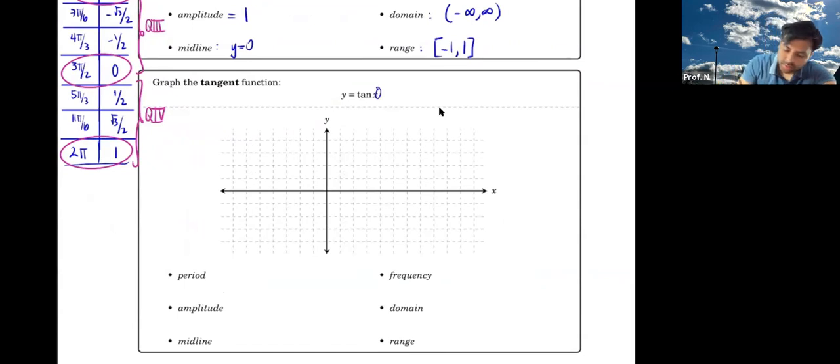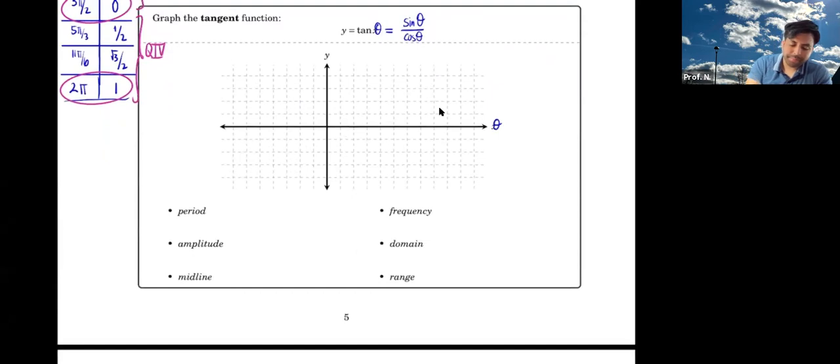So I'm going to call this theta, right? Remember what tangent was also defined as? Isn't it defined as sine theta over cosine theta? So tangent is really sine theta over cosine theta. So it's like saying take the y and the x values for the unit circle and just divide them.